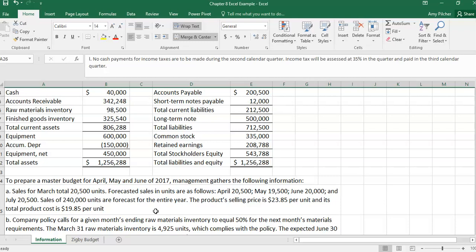What we need are the April, May, and June forecasted sales and the selling price per unit. So we can find how much we plan to sell in each month, and that our selling price per unit is $23.85.